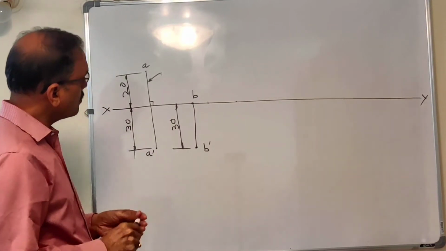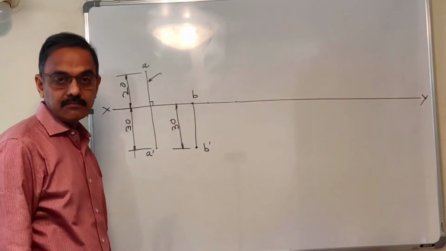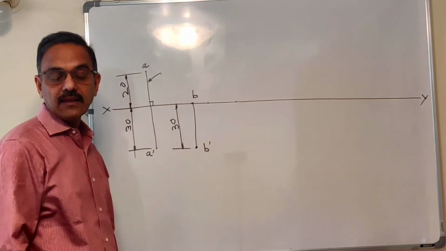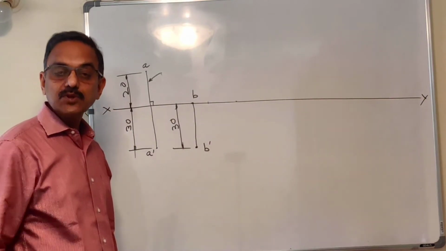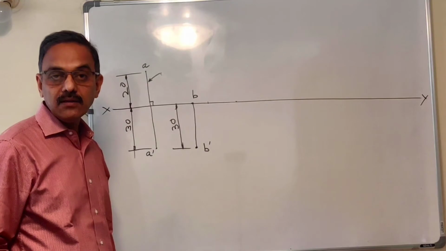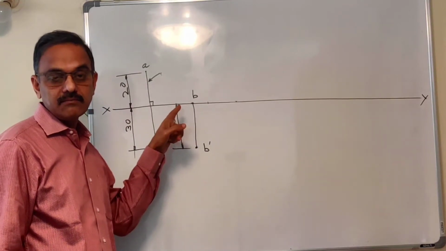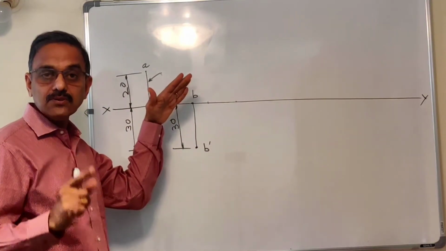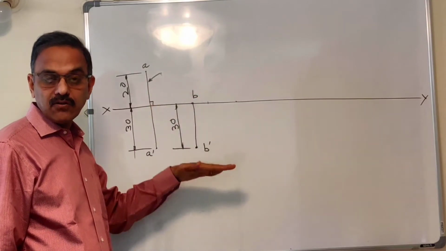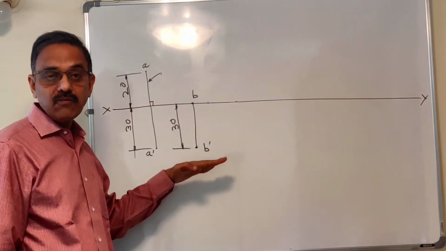Now this is the top view. The top view is kept on XY line. So what is its position with reference to VP? It is on VP. When I say top view, you should talk in terms of VP. When you find front view, you should talk in terms of HP.